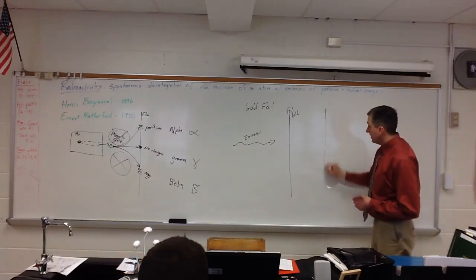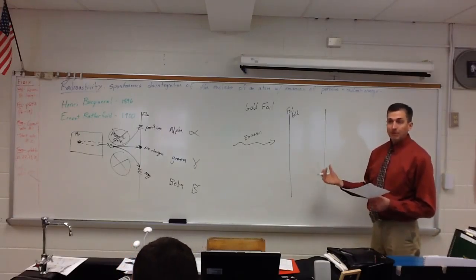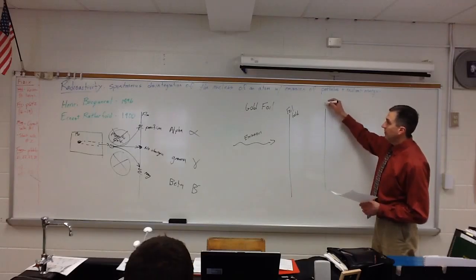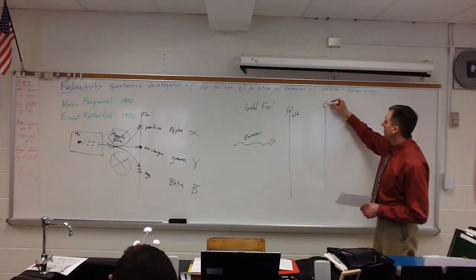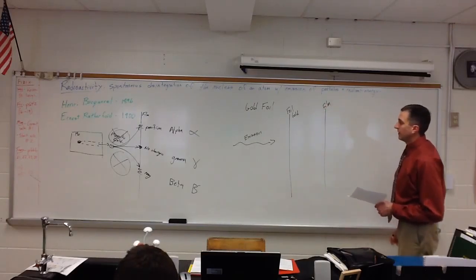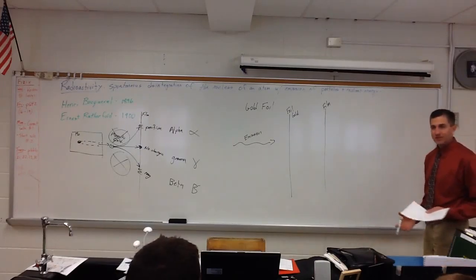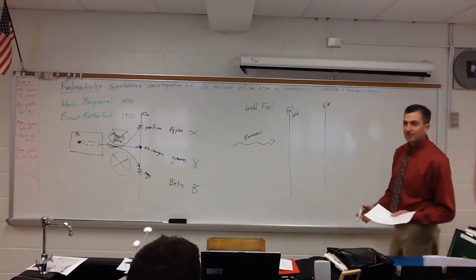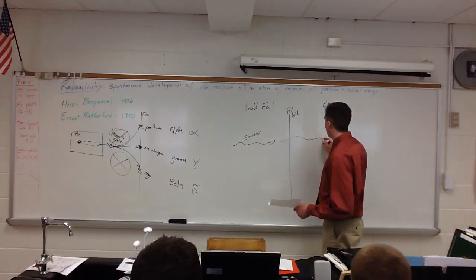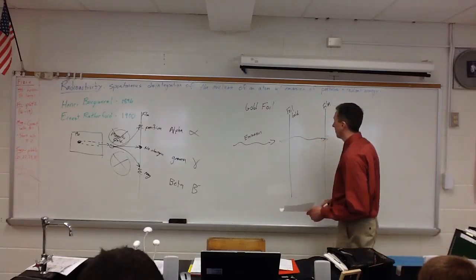And then behind here, so he can see what happens, what gets through, he again puts a piece of film. And what do you think happens? Some of you remember chemistry? Most of it goes straight through. Most of it continues on and the film gets exposed.